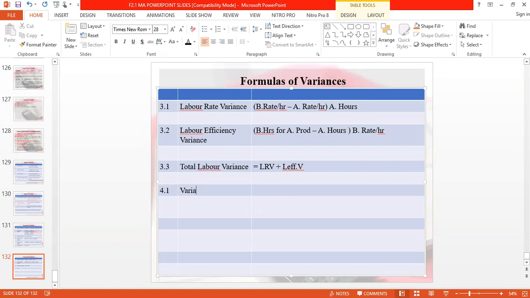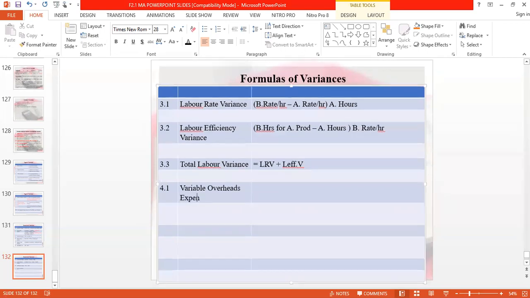expenditure variance. Variable overheads expenditure variance.